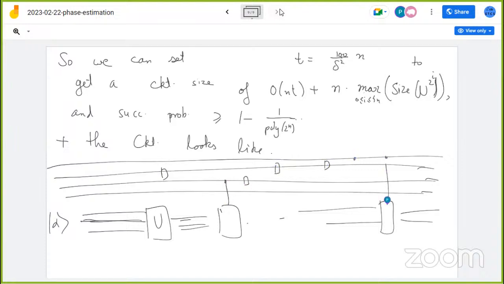But the output: all zeros, then alpha, and how many zeros? Some number, like 4n zeros, 8n zeros. So all the zeros. This maps to a bunch of tensor products.